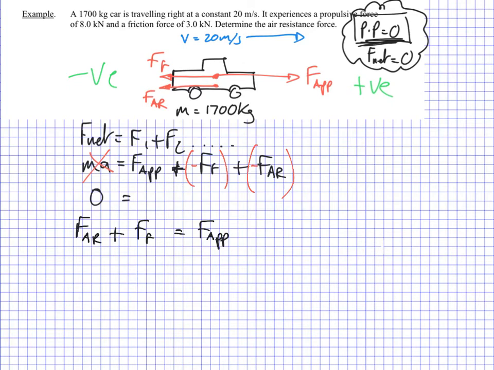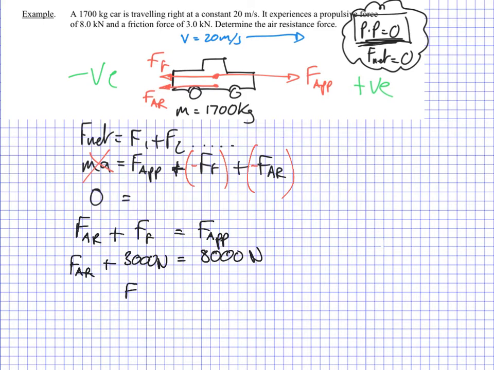Okay, and I have these values available. The force applied is given. It's 8,000 newtons or 8 kilonewtons. I'm going to write that out as 8,000 newtons. And the frictional force is given as 3,000 newtons. So the force of air resistance plus 3,000 newtons is equal to this force applied of 8,000.